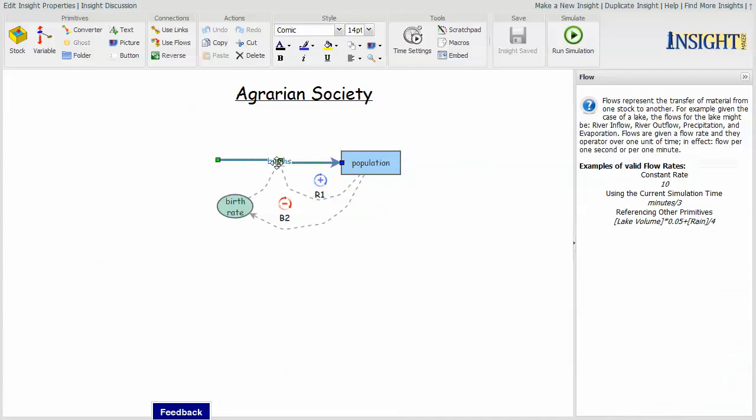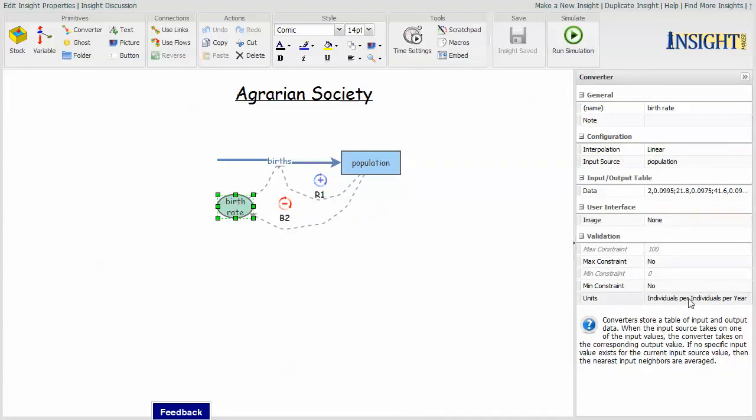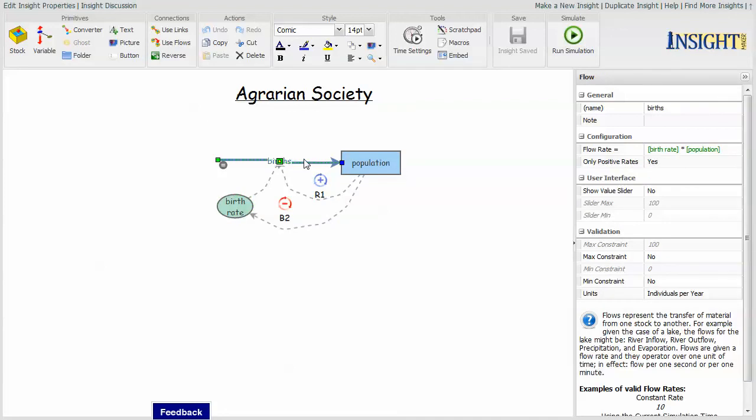that makes births into individuals per year, which is not a standard type of entity, and the birth rate, which is individuals per year, so that the birth rate individuals per year times individuals gets the flow to come out right to be individuals per year.